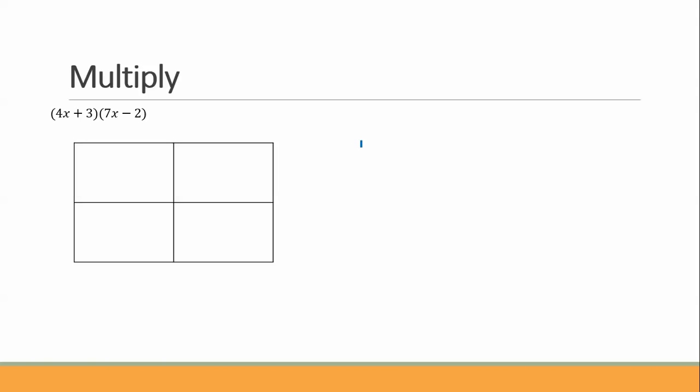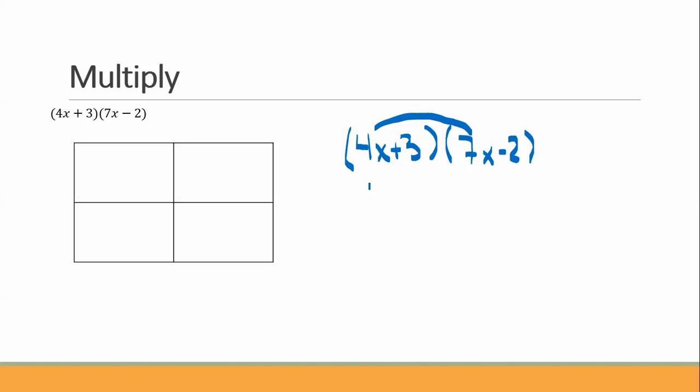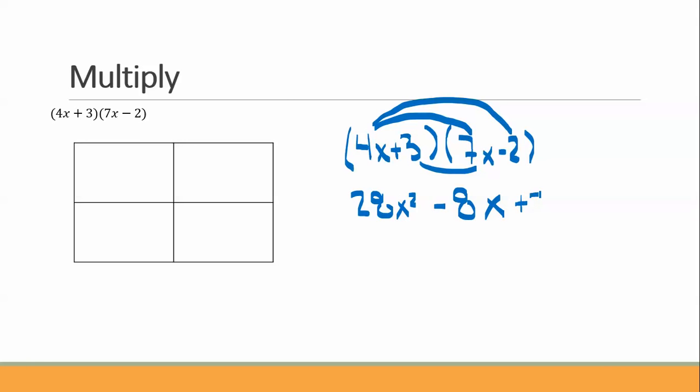So another example, we have 4x plus 3 times 7x minus 2. We're going to do 4x times 7x is 28x squared. 4x times negative 2 is negative 8x. 3 times 7x is plus 21x.